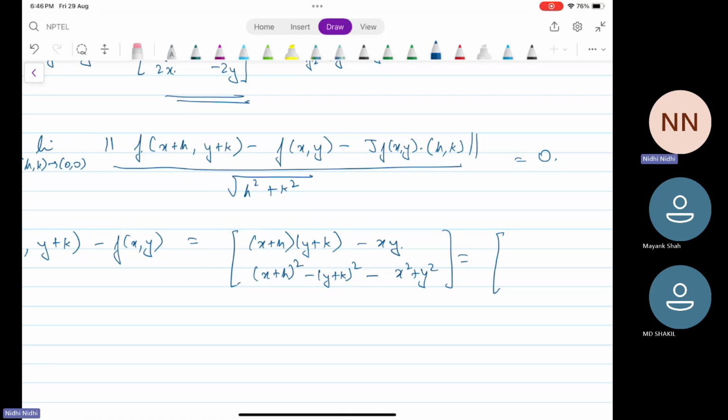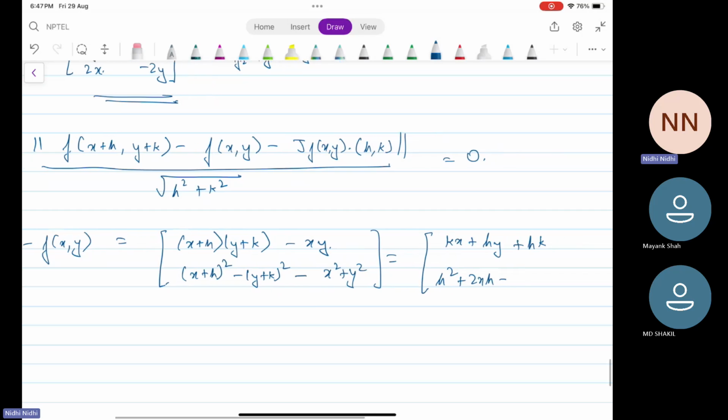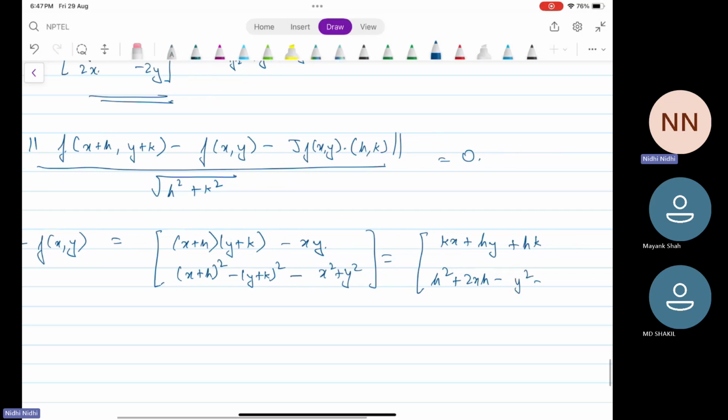This will be kx plus hy plus hk, because the xy term will be cancelled out, and here we'll have h square plus 2xh minus k square minus 2yk.